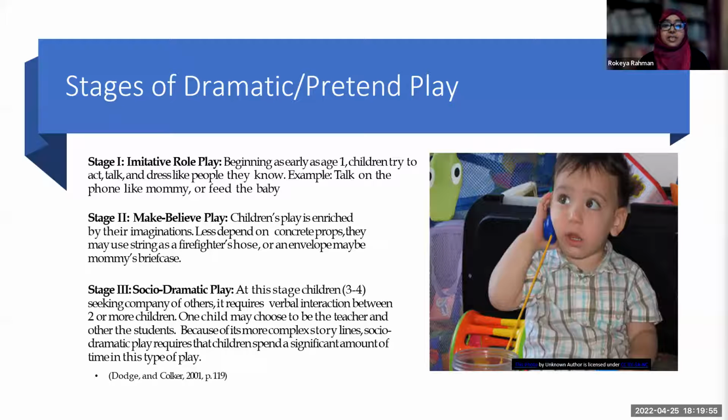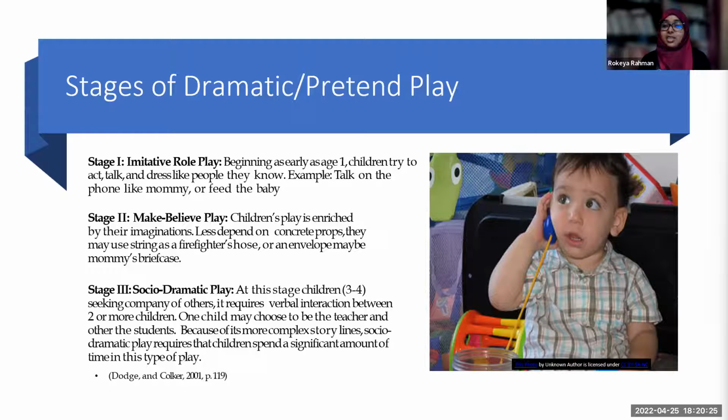Stage 1, basically imitative role play. In that stage, this stage actually begins as early as 1 year old. You can see a young 1-year-old toddler, they're actually walking and talking like mommy, or maybe trying to put on daddy's shoes, or pretending to feed a baby. So they're basically imitating the actions, imitating the way people talk or dress, or maybe do some sort of action.